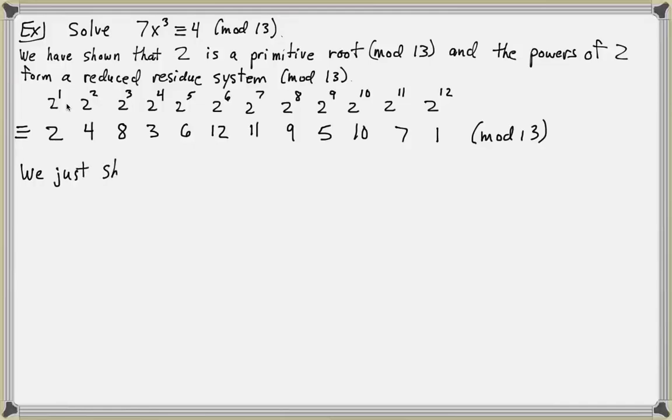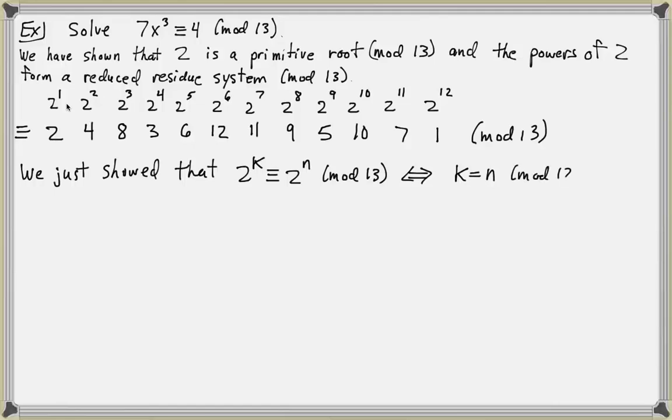So we just showed that 2 to the k is congruent to 2 to the n mod 13 if and only if k is congruent to n mod 12.